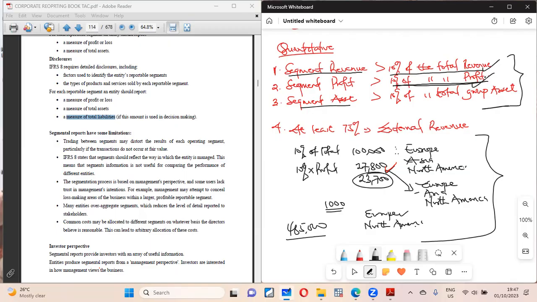And number two is subjectivity. Like the way we are talking about, are you using the qualitative perspective or the quantitative? Since you have a choice, there is always bias. We also talk about the fact that there are common costs.